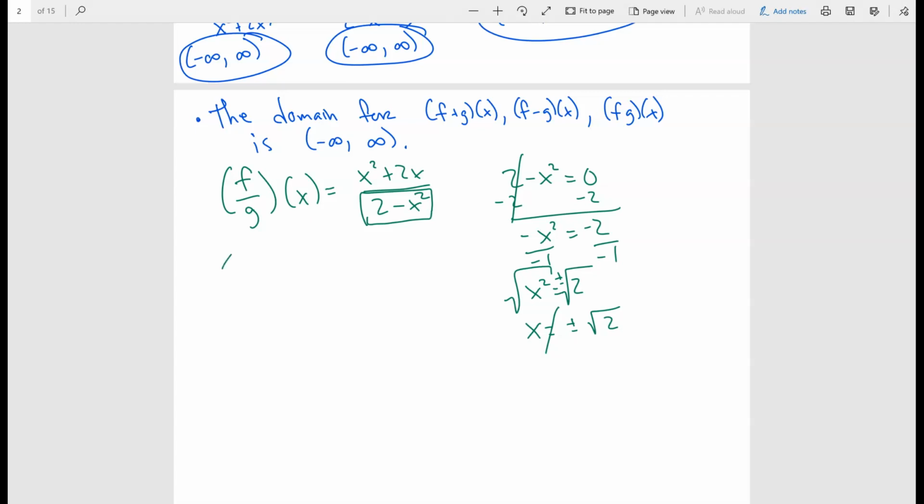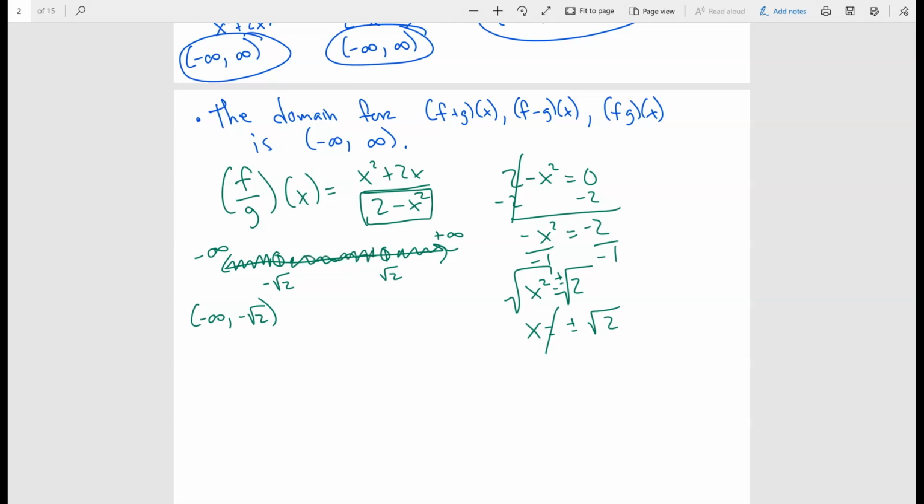So for this guy, it can be every single number except negative square root of 2 and positive square root of 2. It's still all real numbers except for those 2 points. So remember, here's negative infinity, here is positive infinity. So it'll be from negative infinity to negative square root of 2, and you're not including that.